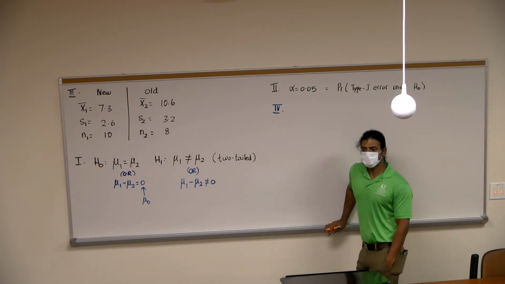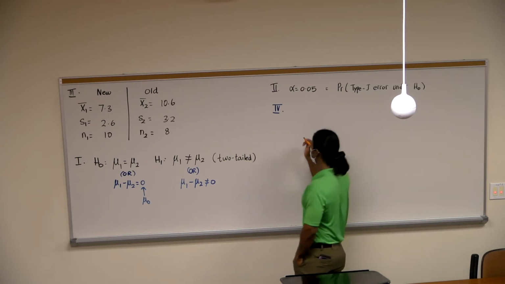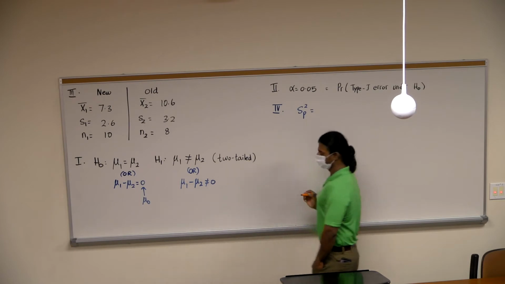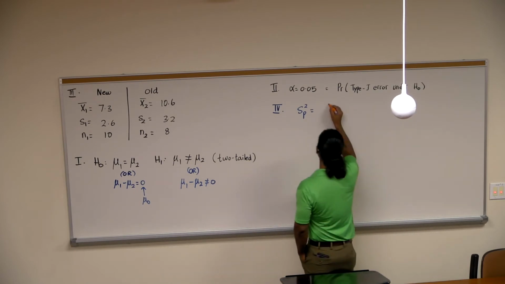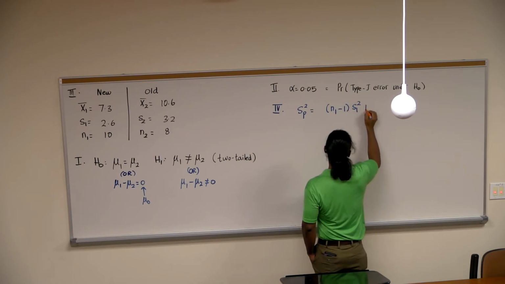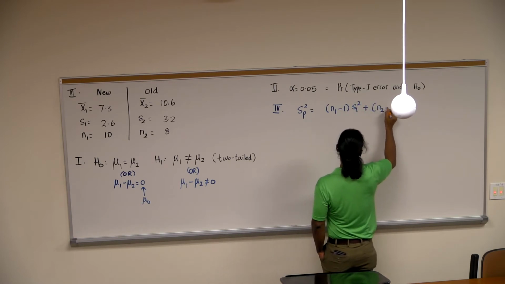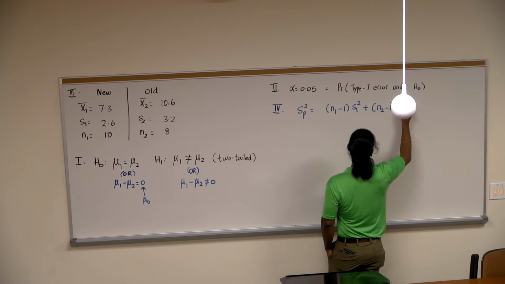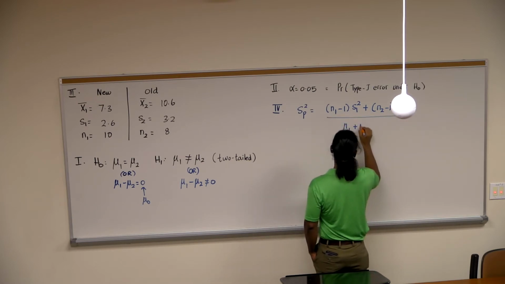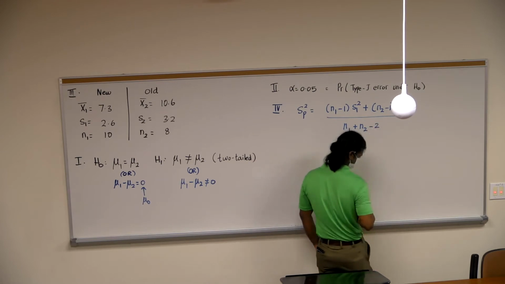Therefore, since we are pooling the variance, we have to find the pooled variance. The pooled variance is simply n1 minus 1 multiplied by s1 squared plus n2 minus 1 multiplied by s2 squared, divided by n1 plus n2 minus 2.